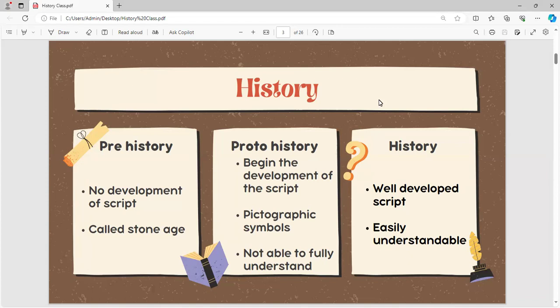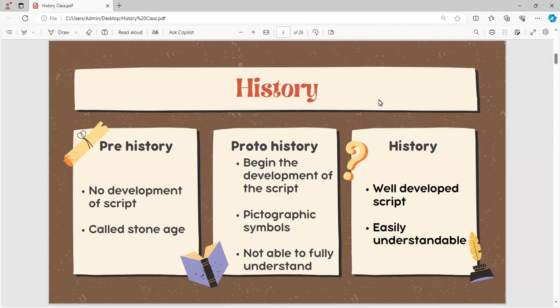Next, proto-history. In this period, the script slightly develops. This stage is actually the beginning of the development of script. The script is basically not letters, it's symbols, which they call pictographic letters.